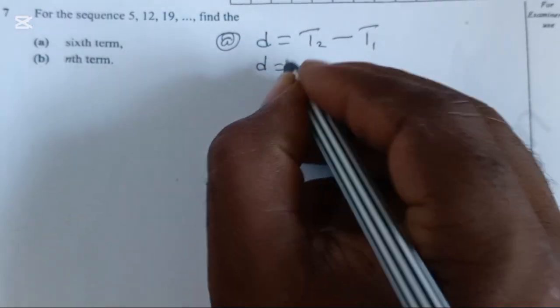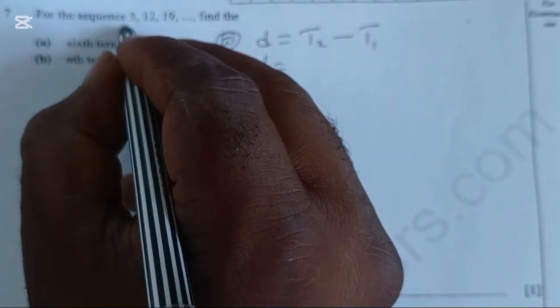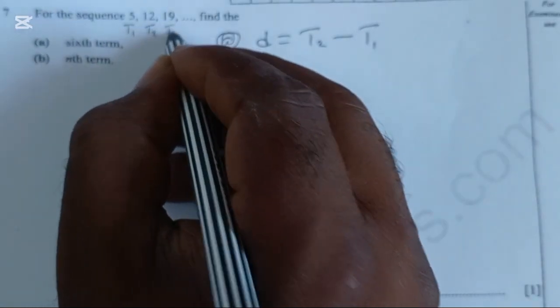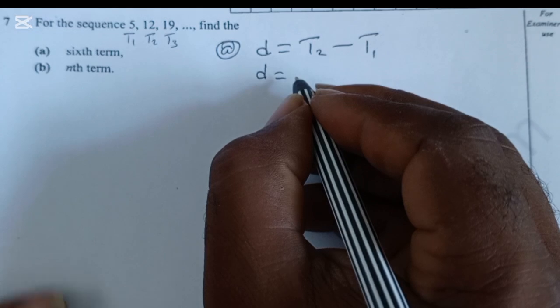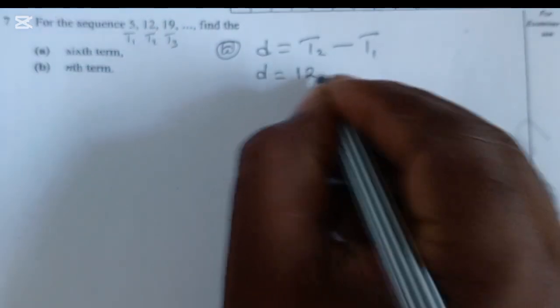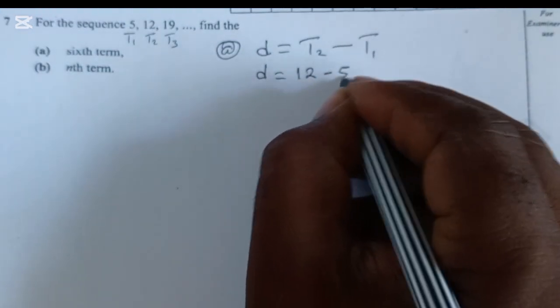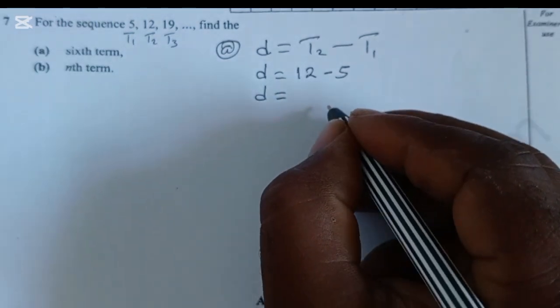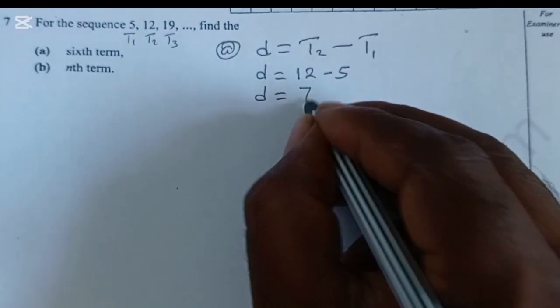So D is equal to, this is T1, T2, T3. So T2 is 12, T1 is 5. So the common difference is 7.